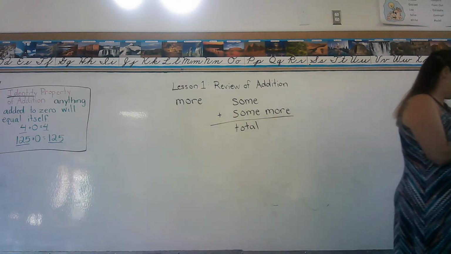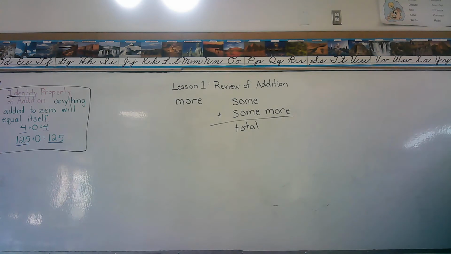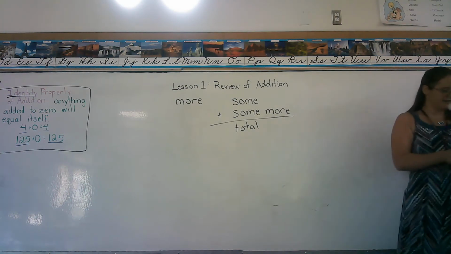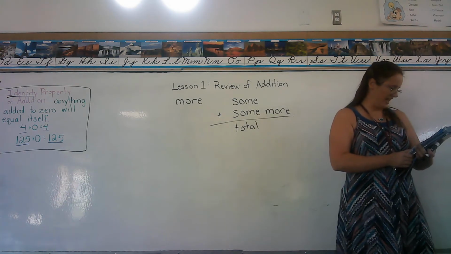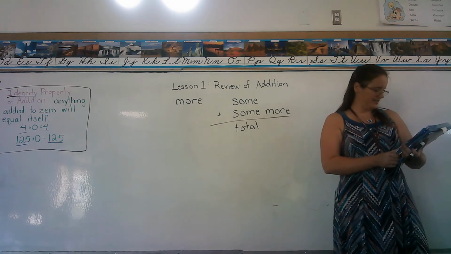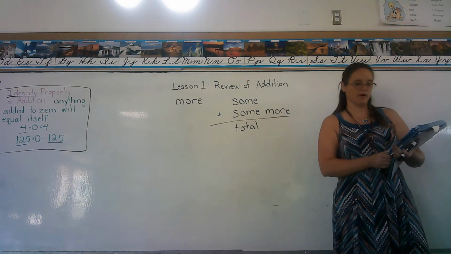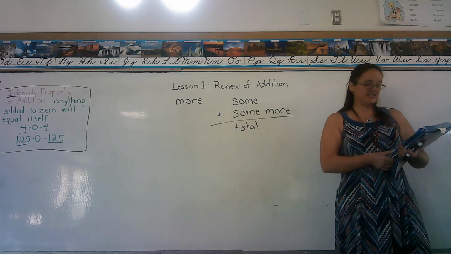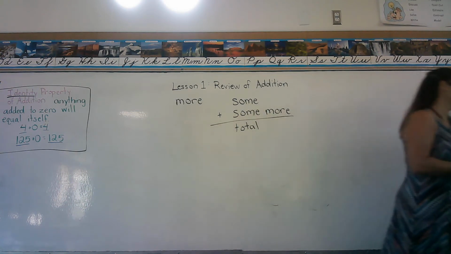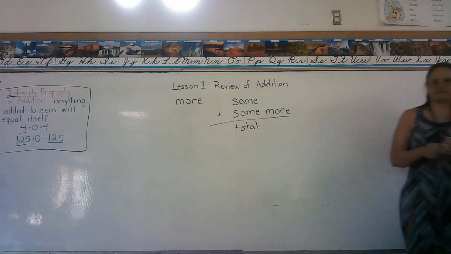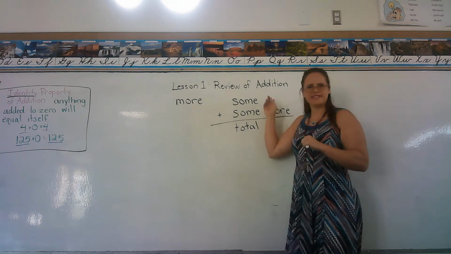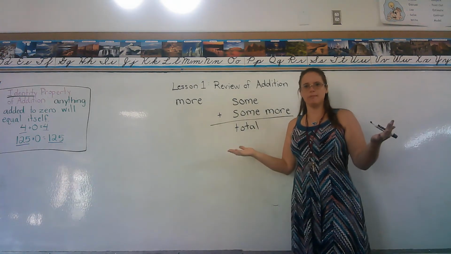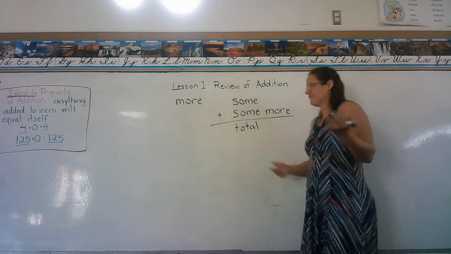Okay, I am going to give you an example of that. DJ had 5 marbles. He bought 7 more marbles. Then DJ had 12 marbles. All right, so what did we start with? He had some marbles. How many marbles did he have?